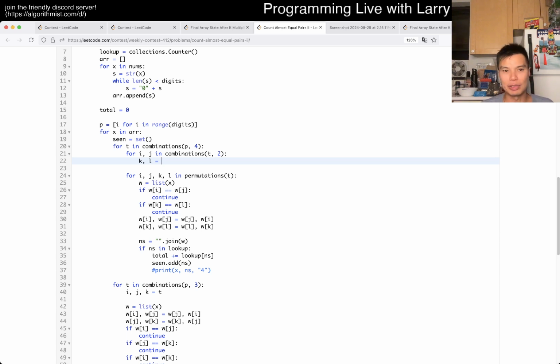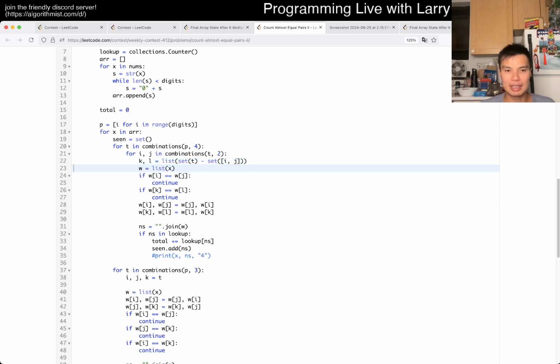Or maybe we could just do kl as a tuple, the set minus the set of ij, and then maybe that could have been okay. I don't know. And this is just syntax, right? When we do this, I guess we need this actually. List of x.